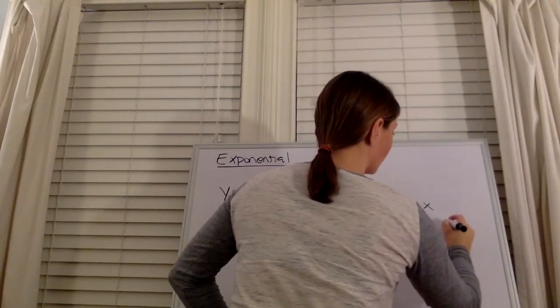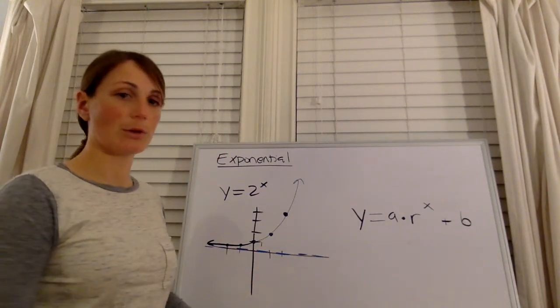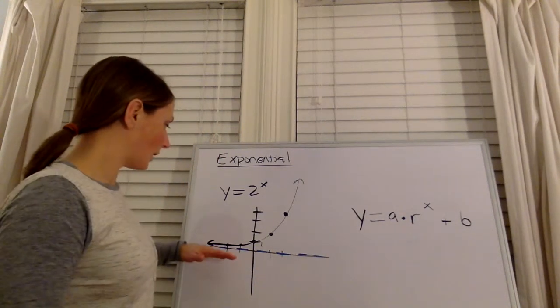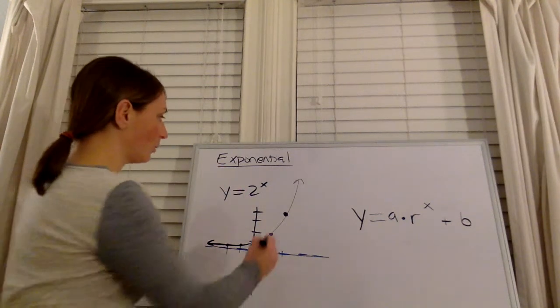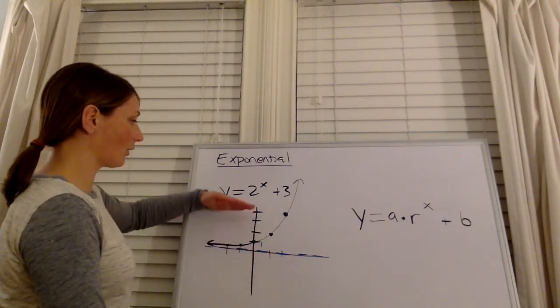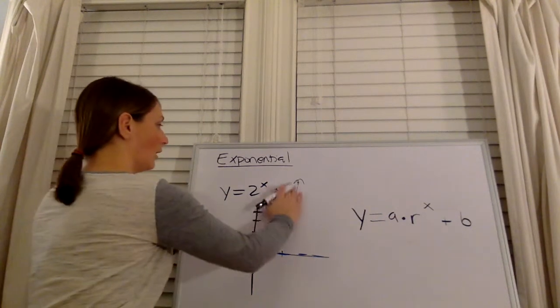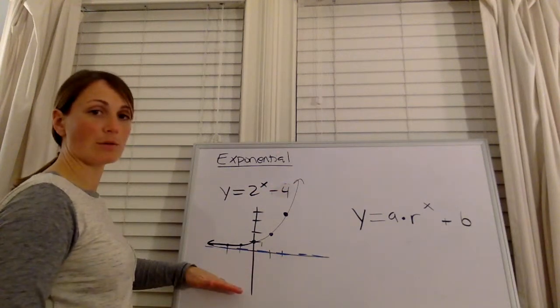And we can also add some value to the outside there. So we can see that if we take this parent function 2 to the x and, for example, add 3, that's going to shift this entire graph up 3. And if we shifted it down 4, it would shift the entire graph down 4.